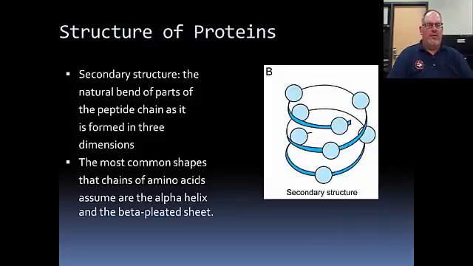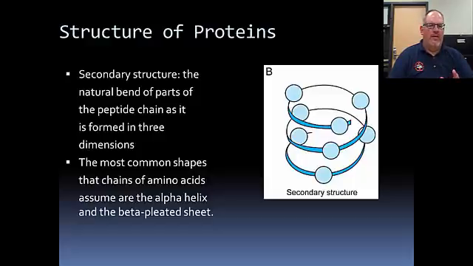Secondary structure is as we start adding more of these amino acids together, and this polypeptide chain gets larger and larger and becomes more of a protein. So the primary structure is linking all those amino acids together. The secondary structure is things that occur in the shape of the protein as you add more and more amino acids on.